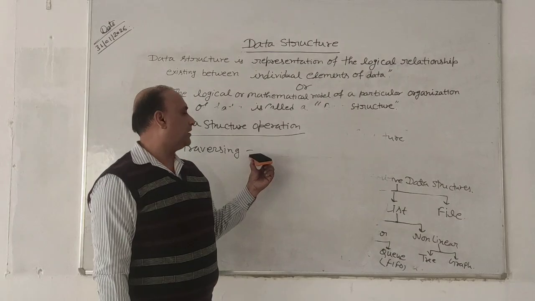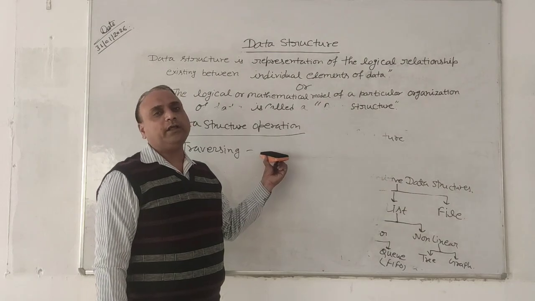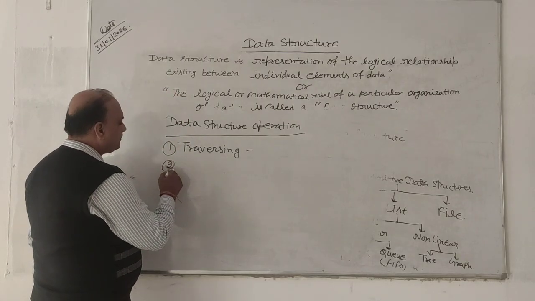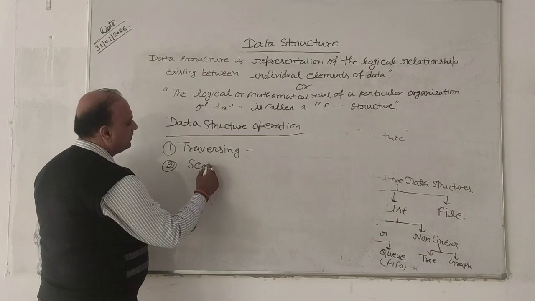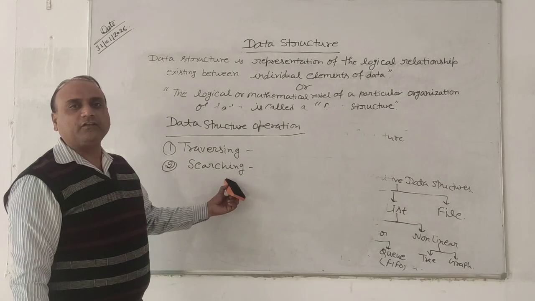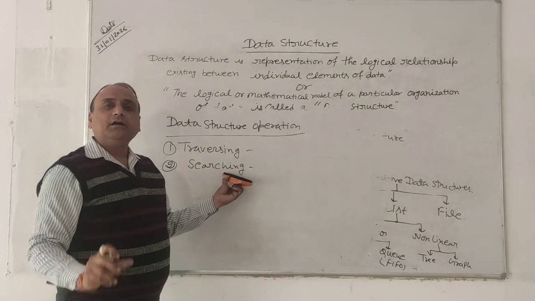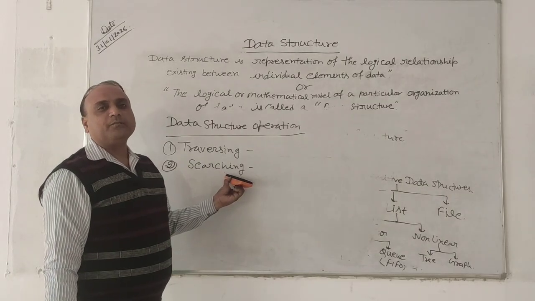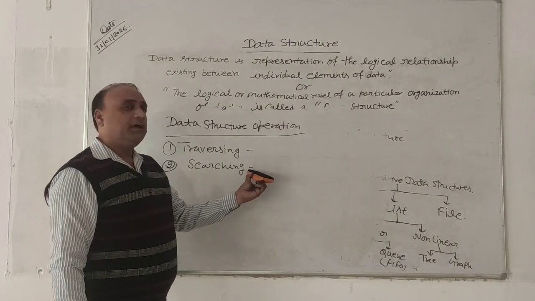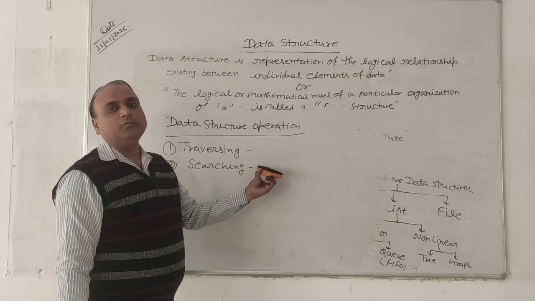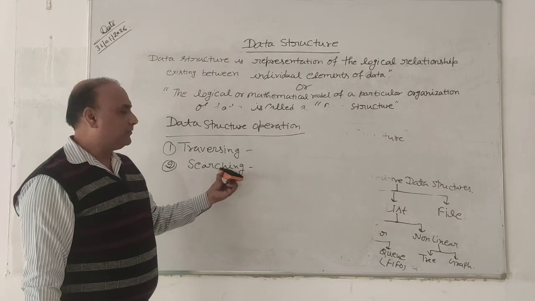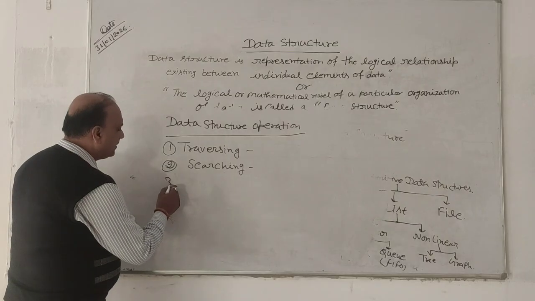Here we read data only one time. Second, searching. In the searching operation, we find the location or position of an element by some given key or clue by which we can define the location of that particular item.